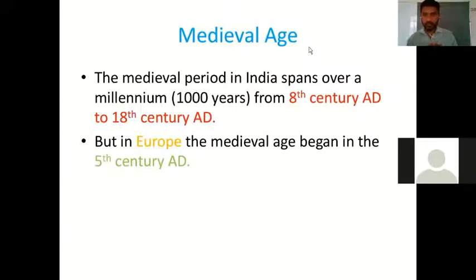Now, 8th century AD to 18th century AD, that means how many centuries? 10 centuries. Okay, so 10 centuries, the period of 1,000 years. So this age is known as the medieval age.